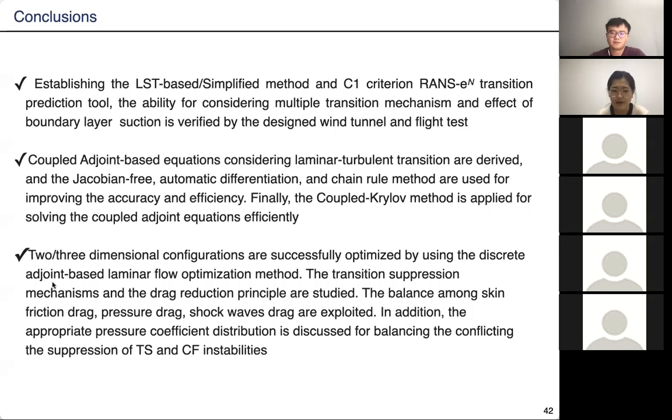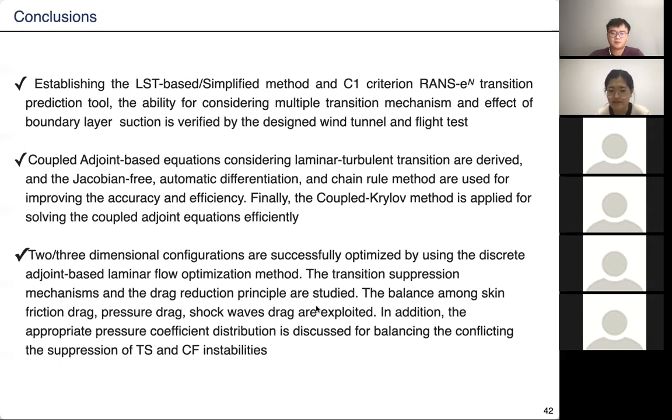And finally, we applied our optimization framework to the 2D, 2.5D, and 3-dimensional configurations. The successful optimization shows that our framework can balance the skin friction drag, pressure drag, and shock wave induced drag.